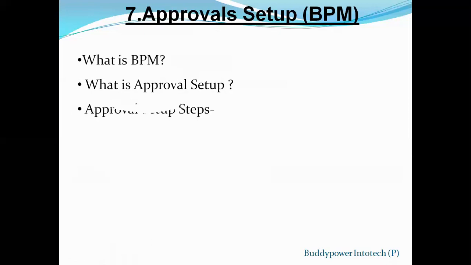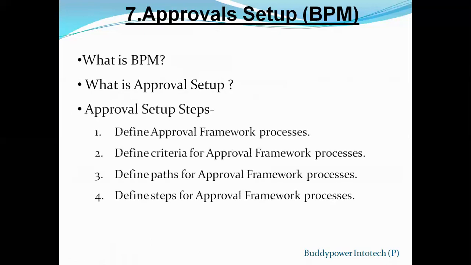So basically, there are these steps in approval setup, like define approval framework process. These are all basically big jargons. What happens in these stages is you define the management hierarchy, the supervising hierarchy, like line manager or resource manager.